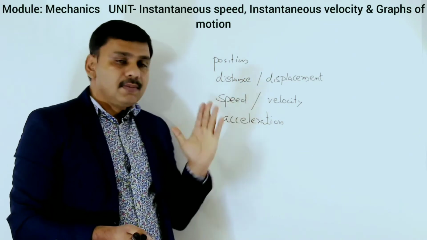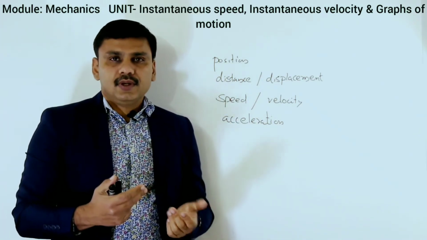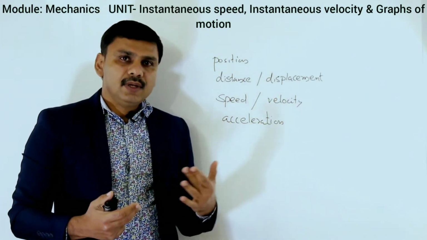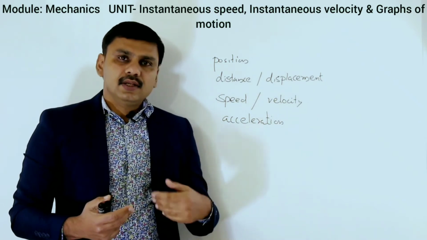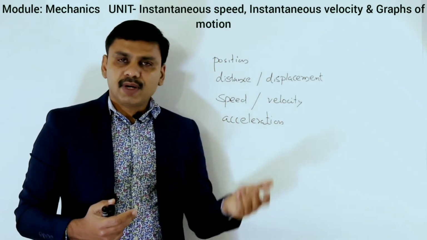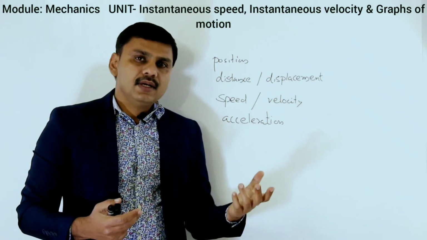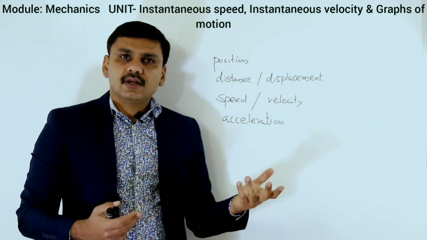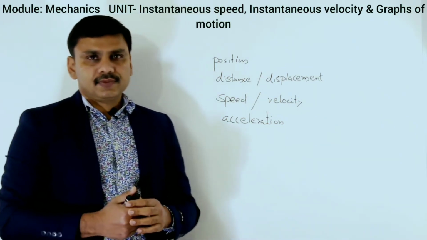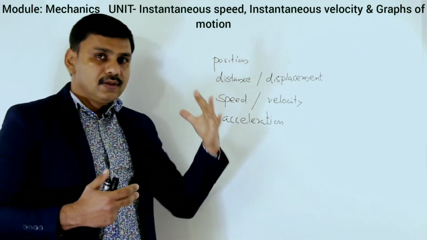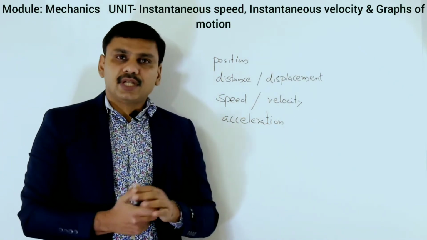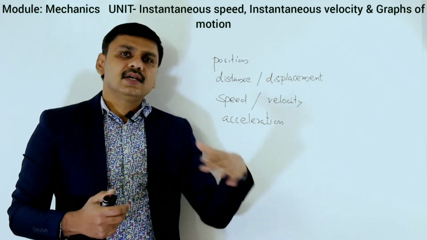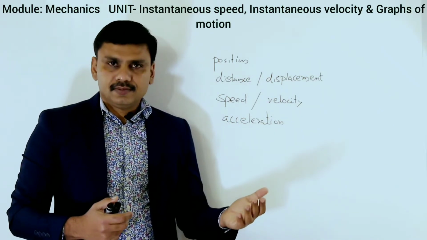So when an object moves, there will be change in position, there can be distance or displacement, and there can be speed or velocity, and from that you will get acceleration. So all these variables are changing with respect to time. As time changes, all these variables are changing.